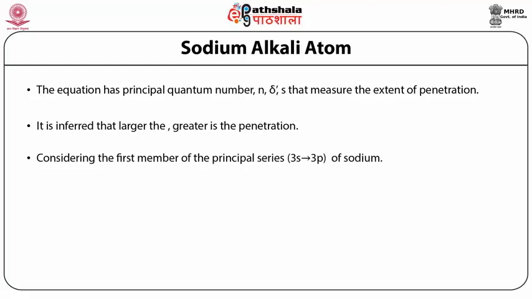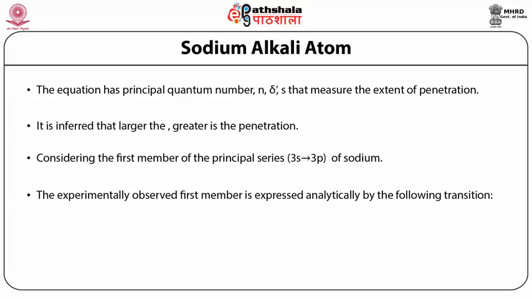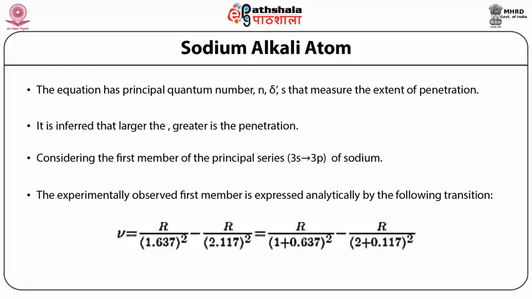Considering the first member of the principal series, that means from 3S to 3P of sodium, the experimentally observed first member is expressed analytically by the following transition, that is nu is equal to R upon 1.637 square minus R upon 2.117 square, which is equal to R upon (1 plus 0.637) square minus R upon (2 plus 0.117) square, where we have just broken down the denominator terms, writing 1.637 is equal to 1 plus 0.637 and similarly 2.117 equal to 2 plus 0.117.